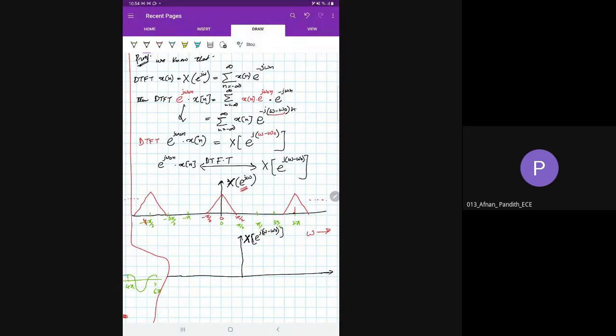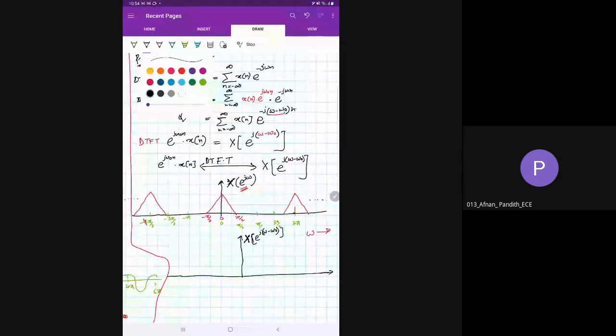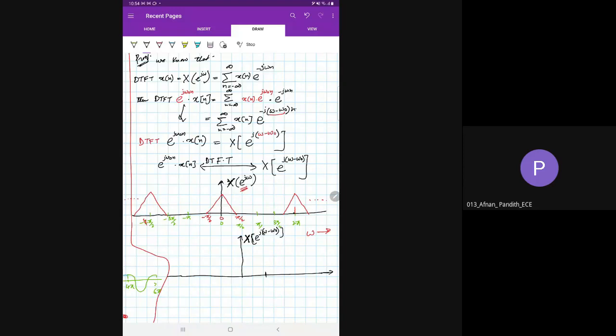It will be at omega equal to omega naught. When you have shifted signal omega minus omega naught, then it will be at omega equal to omega naught. तो आपकी जो ट्रायंगुलर वेव बनेगी वो समवेयर हेयर कहीं पे ओमेगा नॉट पे बनेगी.